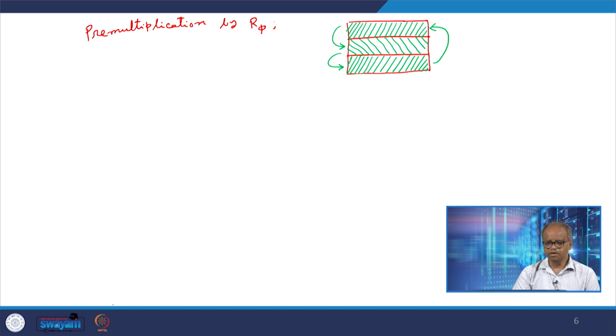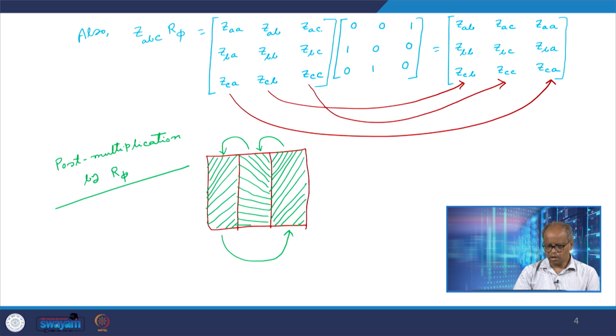So this is the pre multiplication by R phi. So this is a row operation, right? And when I post multiply, this is basically a column operation. So when I post multiply by R phi, it is a column operation, right.